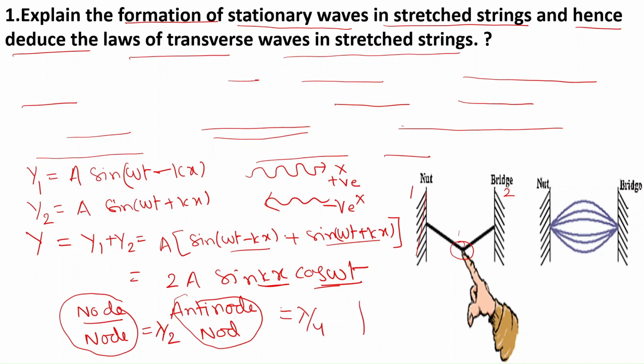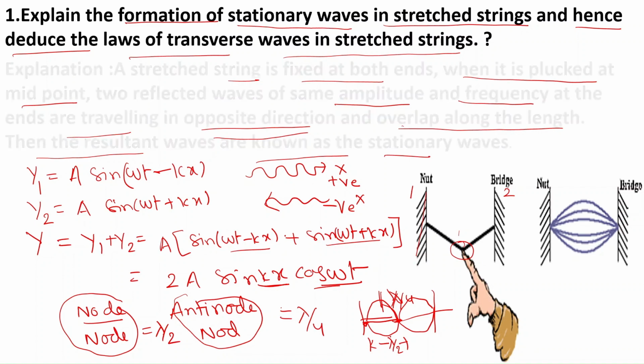You can see there, if this is the node and there is another node formed here, then this is the antinode and this is the node. Antinode to node the distance is lambda by 4, and node to node the distance is lambda by 2, as I mentioned here.